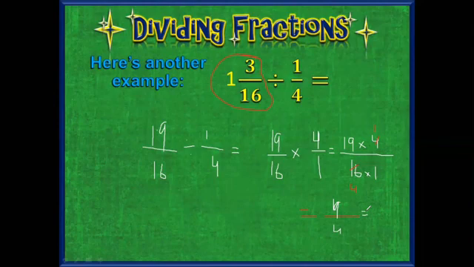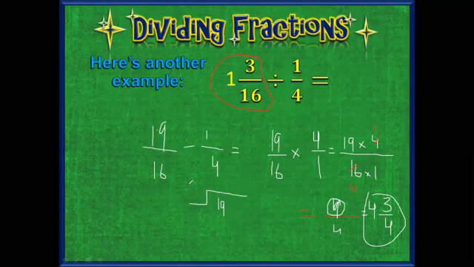I can say 16 divided by 4 is 4. I will have remainder 3 in the numerator out of 4. Or I can use the long division method to get the final answer, as we explained before.